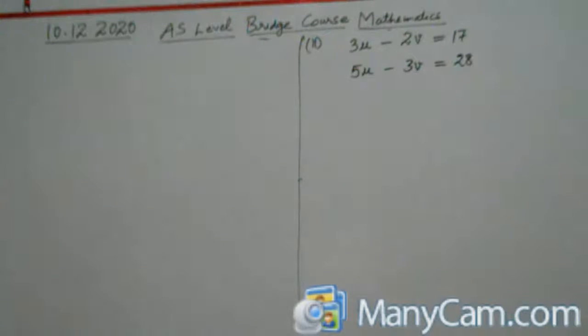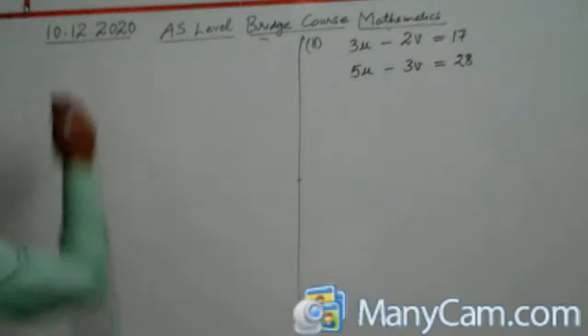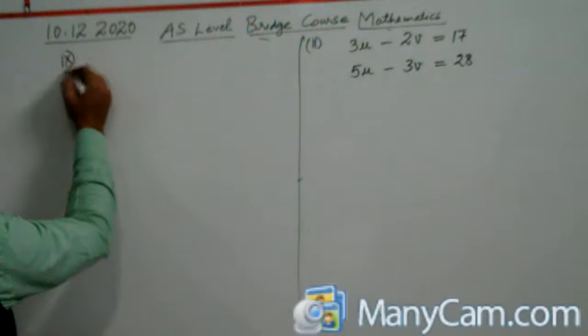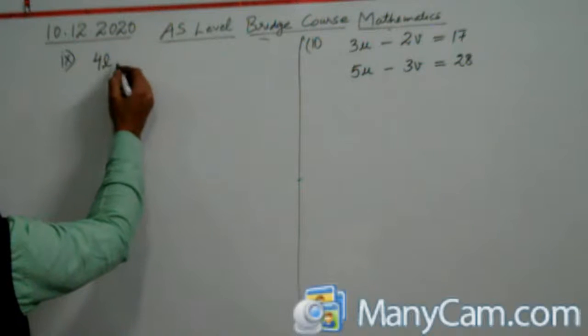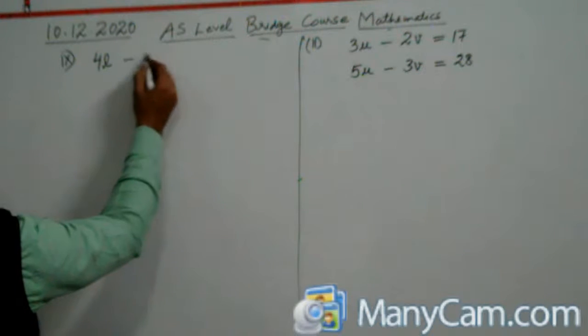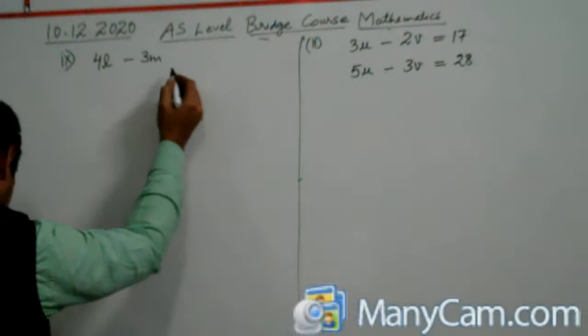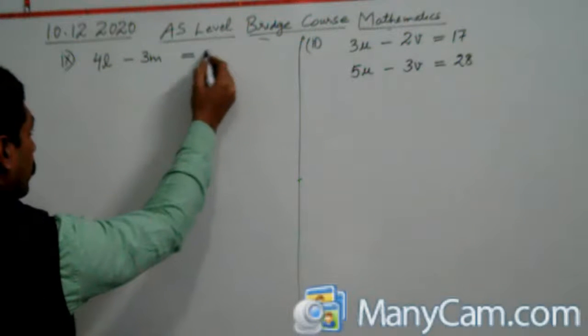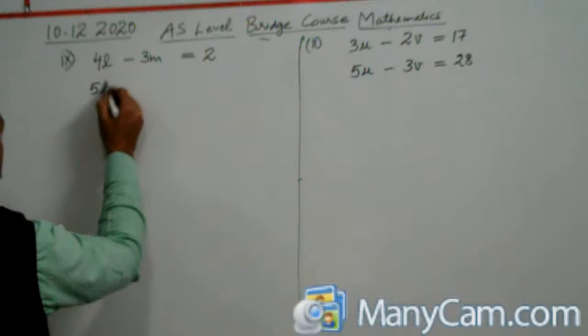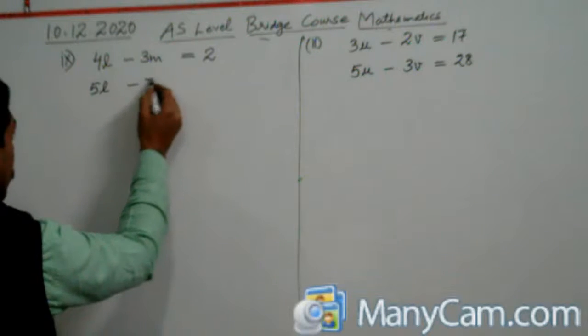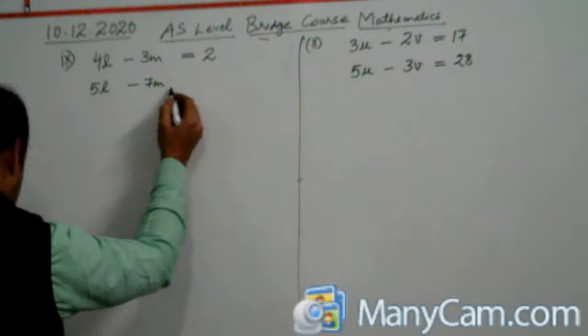This is the ninth part: 4l minus 3m is equal to 2 and 5l minus 7m is equal to 9.